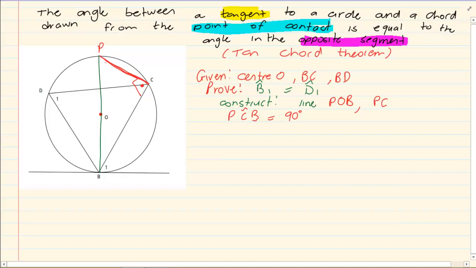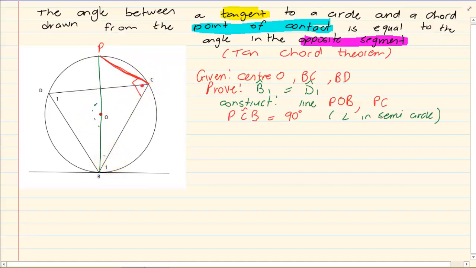Why? Angles in a semicircle, or angle at center is twice angle at circumference. So you can say angles in a semicircle, or you could say angle at center is 2 times angle at circumference. So if this is 180 degrees, then angle PCB is 90 degrees.